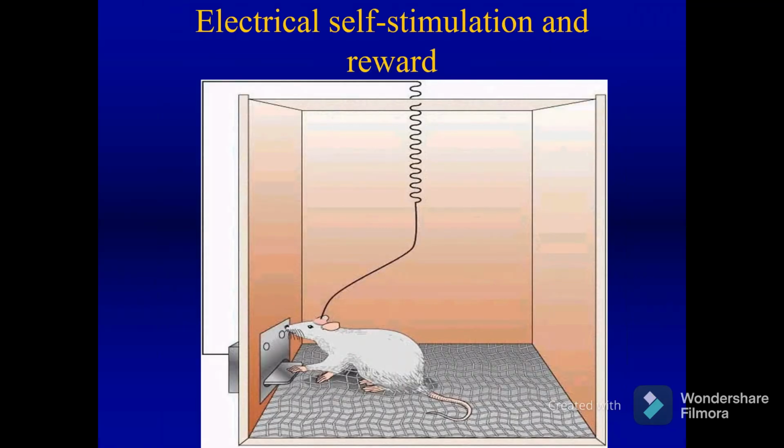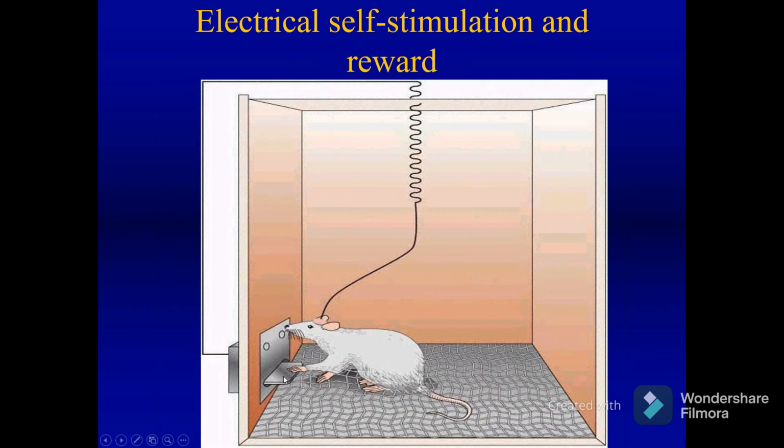So with this, now we are coming to the motivation part. We take one rat in a box with a lever, and this lever is connected to a brain area. So we can use the same rat or a different rat to fix this wire to a different brain area.